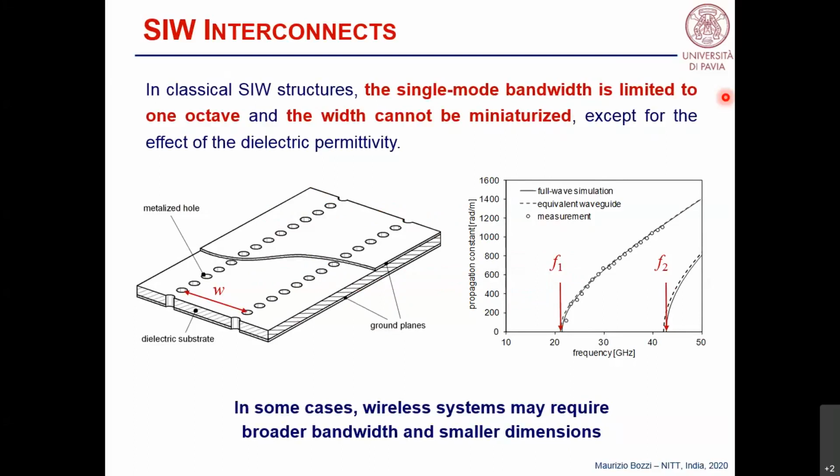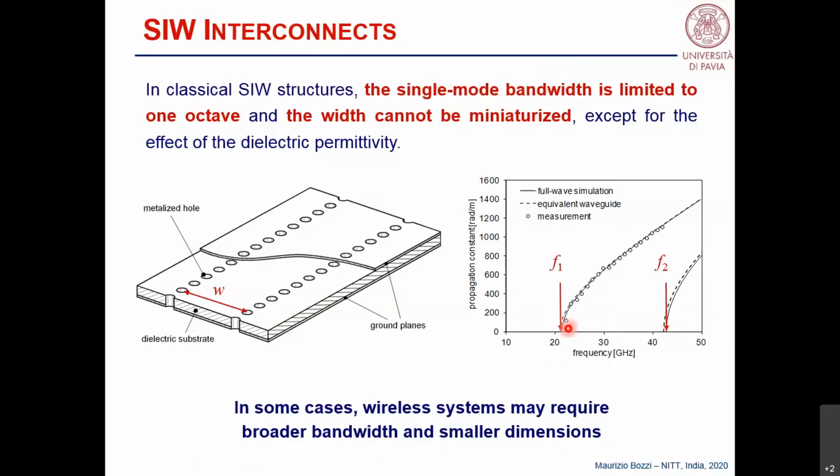And as all waveguides, you need to work in the single mode band of the waveguide. So from the cutoff frequency of the fundamental mode, T10, to the cutoff frequency of the second mode, T20. It is typically 1 octave. So the bandwidth is 1 octave. This is not much for applications. In some cases, it's okay. In some cases, it's not.